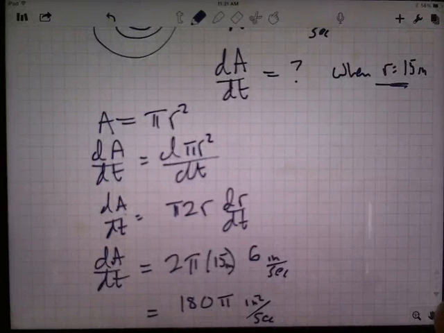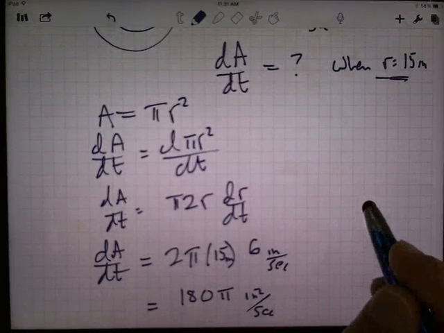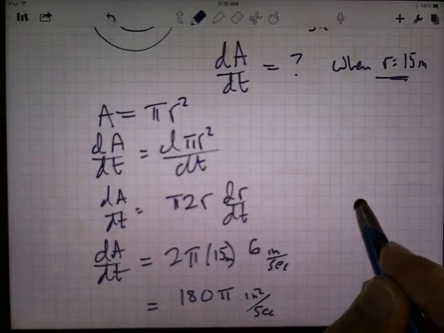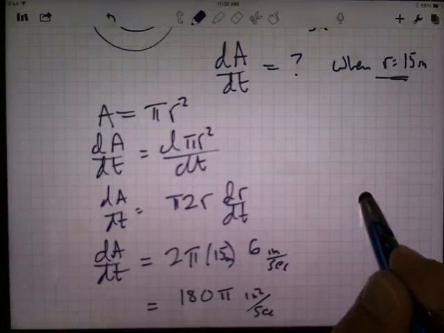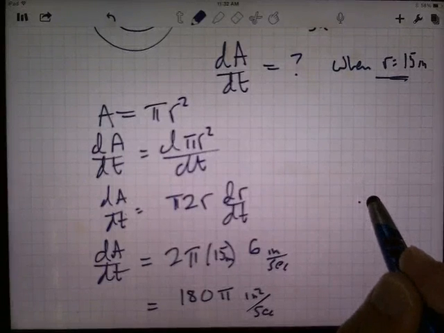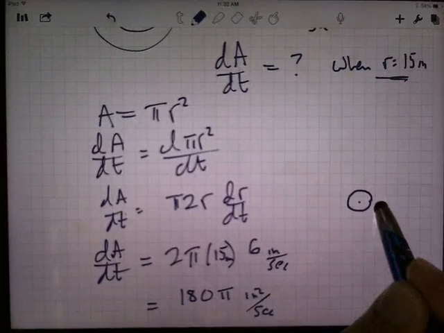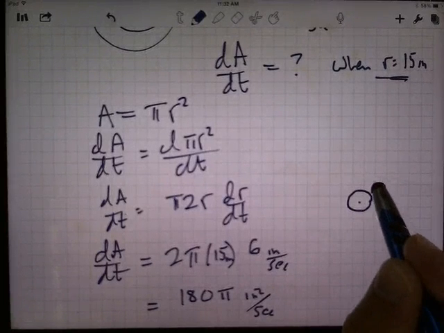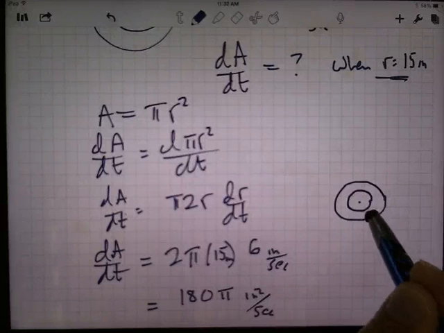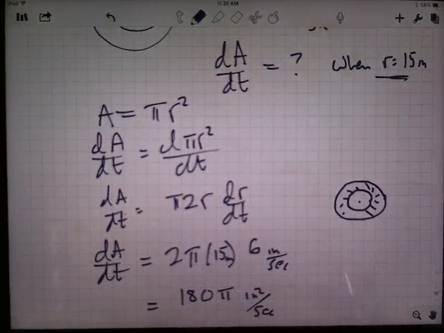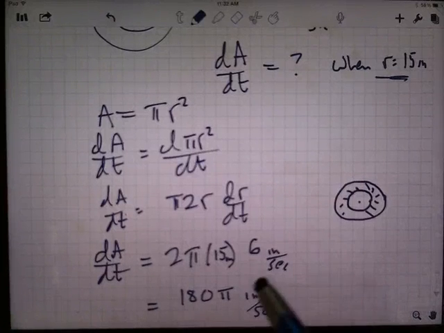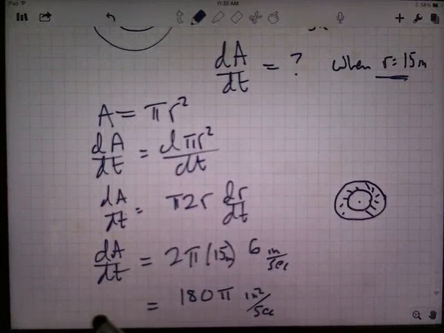But that makes some sense to me, because if I think about every second, you gain 6 inches per second. So that first 6 inches, you gain that much area. For the next 6 inches, you gain all this area, which is substantially more area. As the radius gets bigger, the area is going to be getting bigger faster.